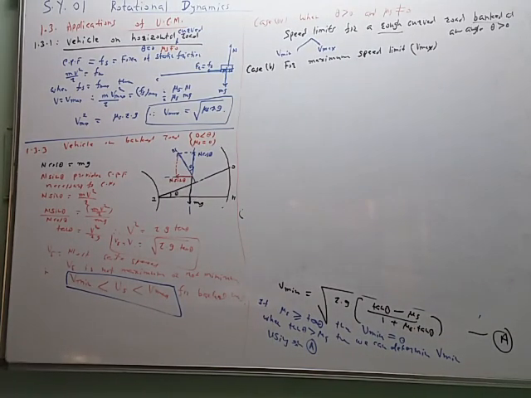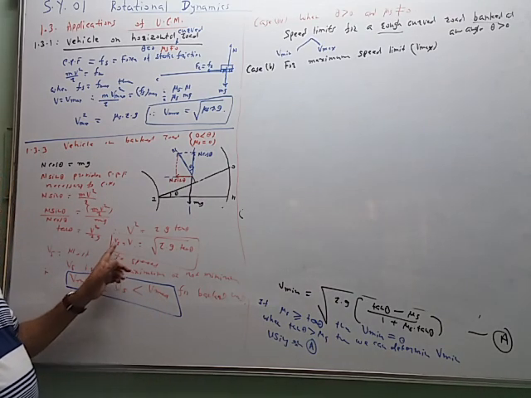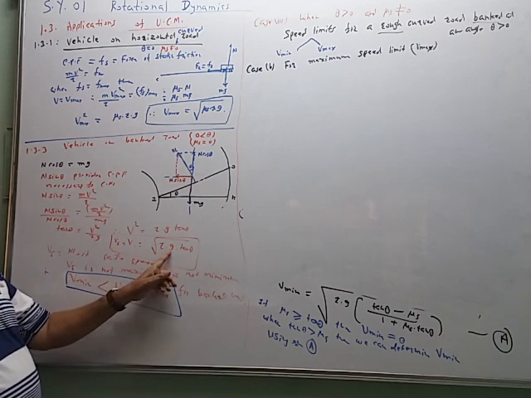Now we have to find the maximum speed limit. Obviously this maximum speed limit will be greater than this most safe speed.